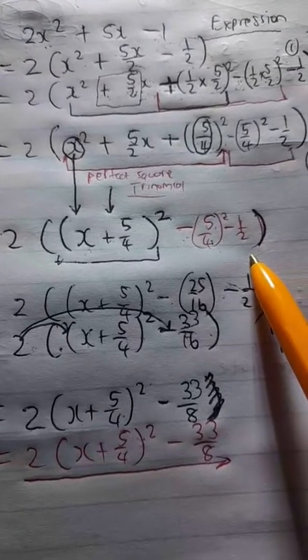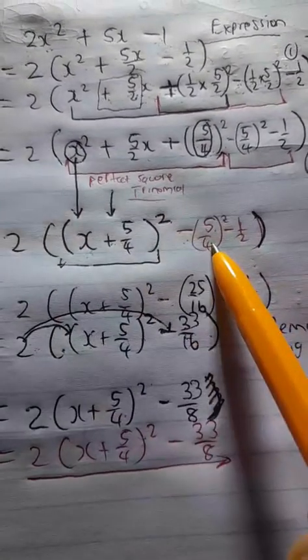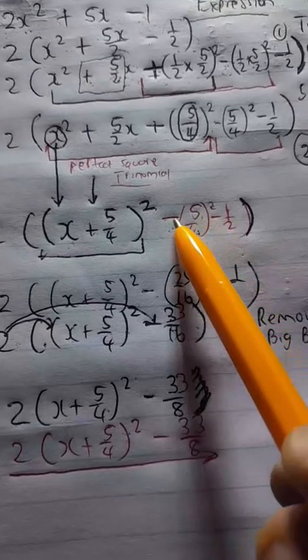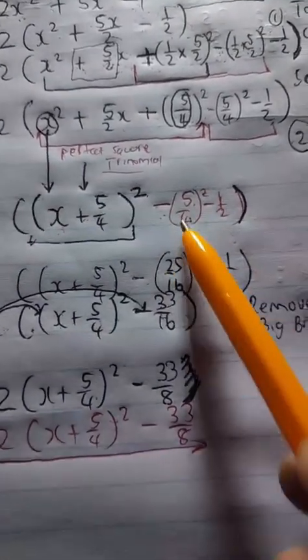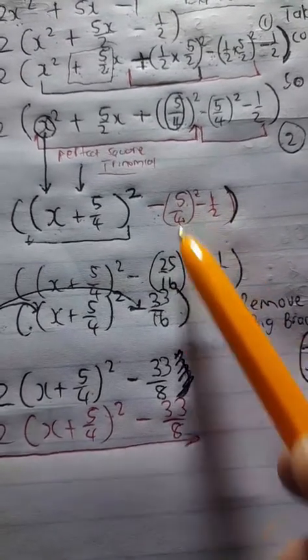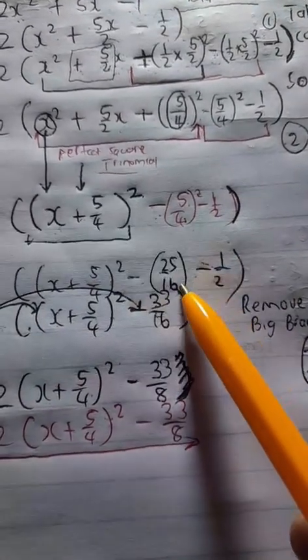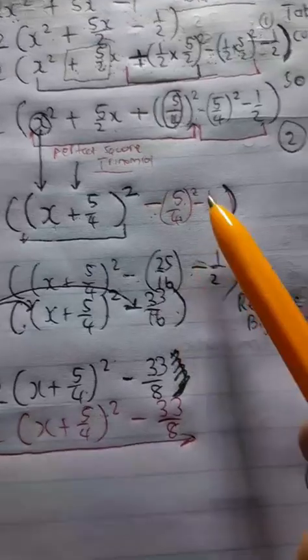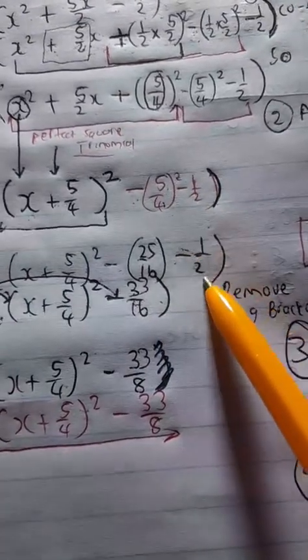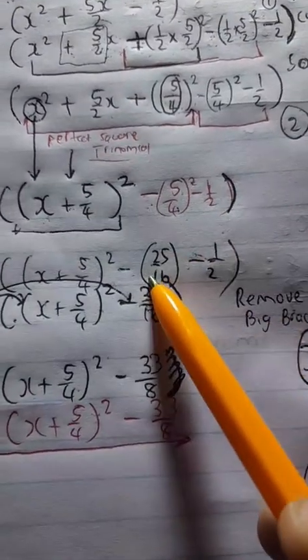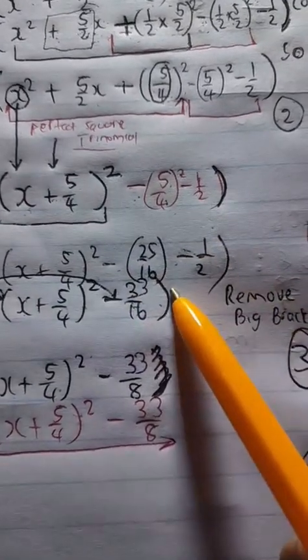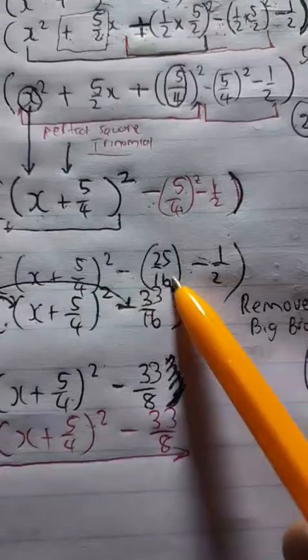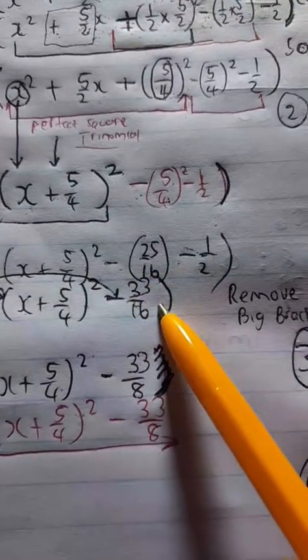Inside the bracket, this minus 5 over 4 squared gives us negative 25 over 16, followed by minus a half. If we take our calculator and say minus 25 over 16 minus a half, what do we get? We get negative 33 over 16.